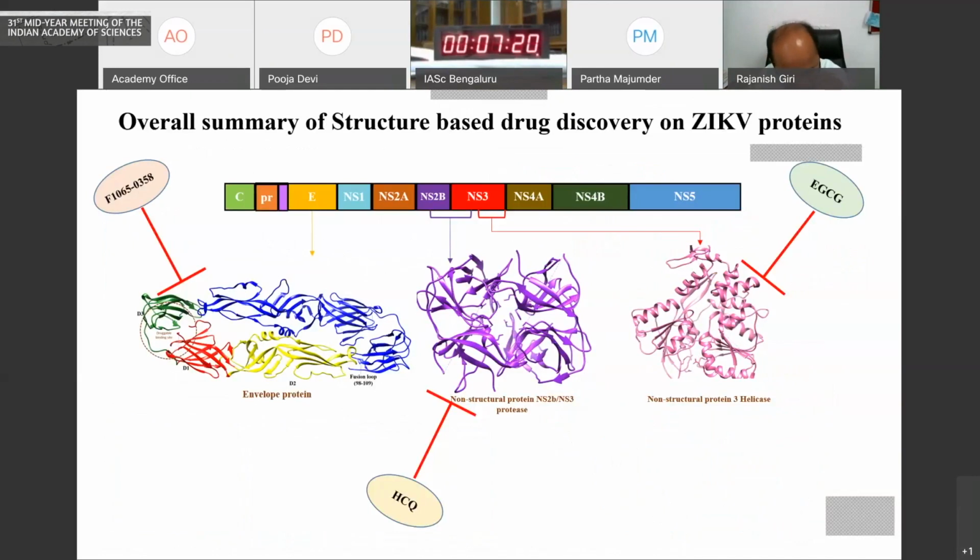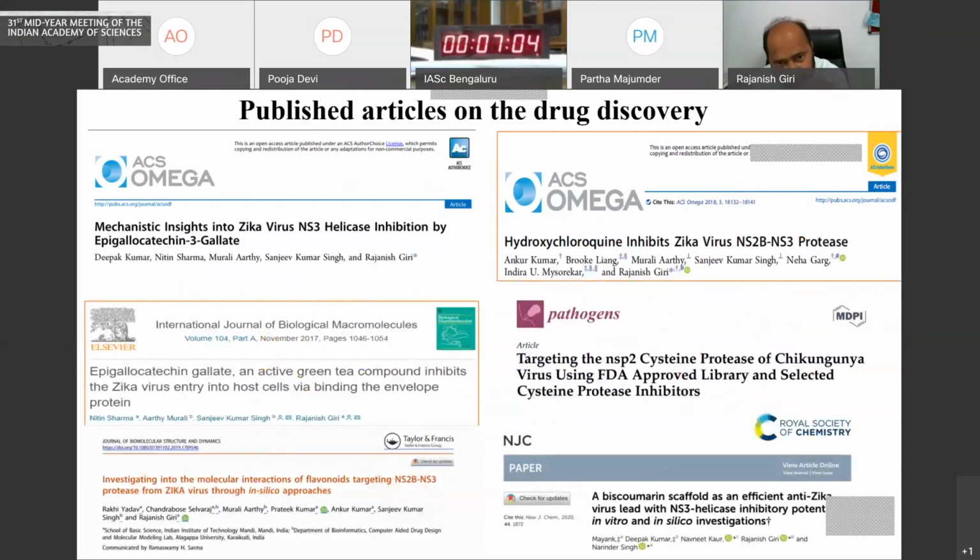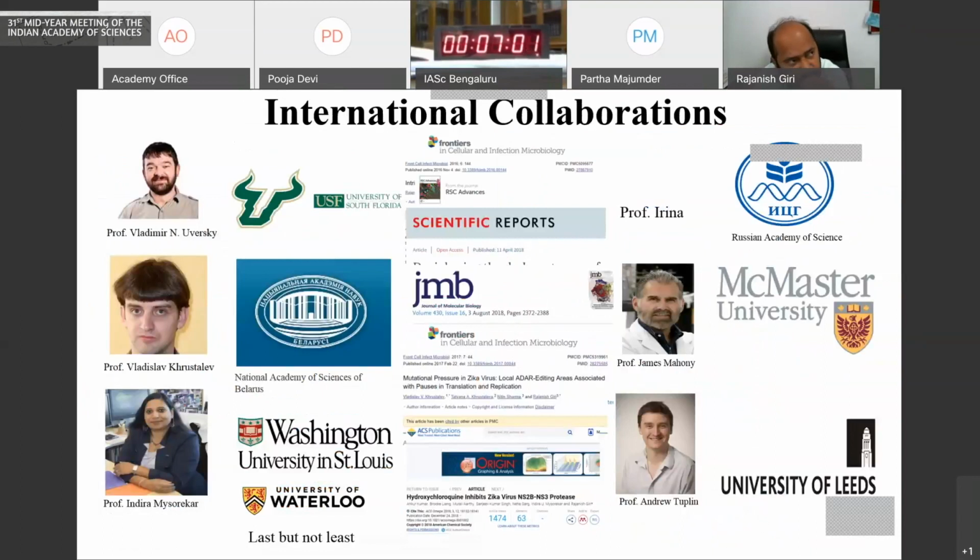And for that, one of my PhD students went to the University of Leeds, where he performed the antiviral assays, and we could finish those experiments, and we have communicated that also for a publication. So these are a couple of publications on the drug discovery aspect.